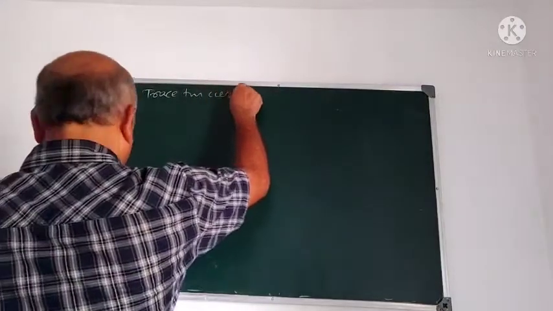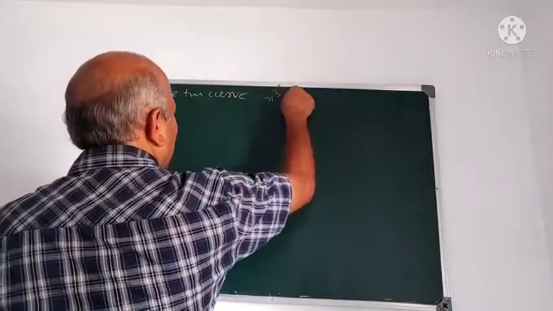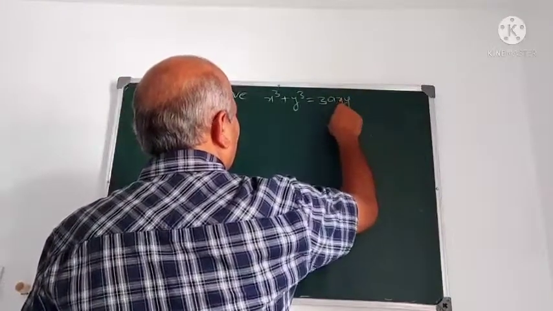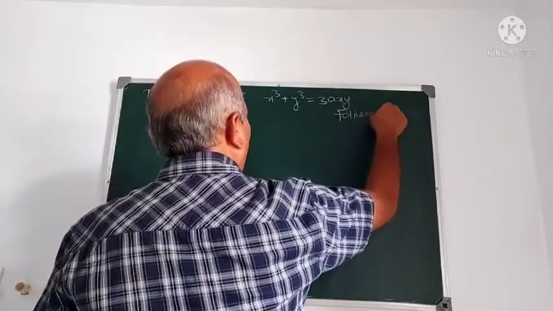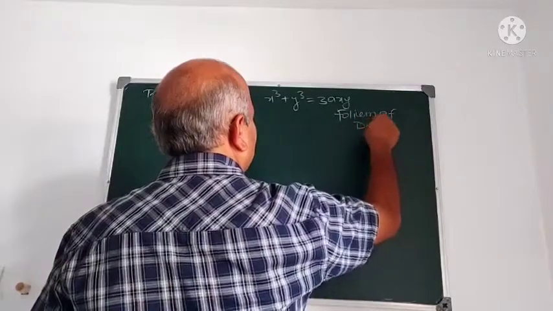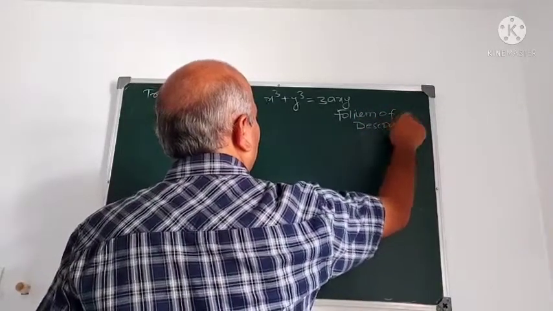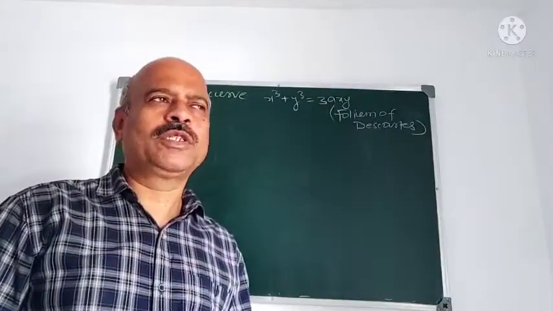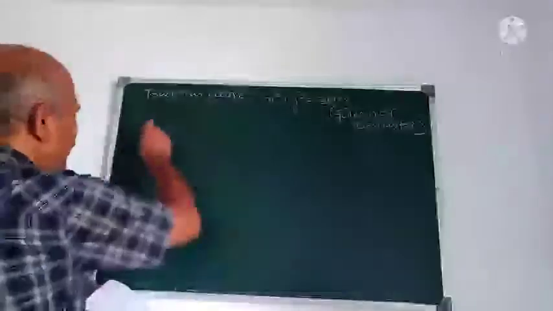Trace the curve x cube plus y cube is 3axy. It is called the folium of Descartes. I explain what is the shape of this curve, using the procedure of curve tracing.